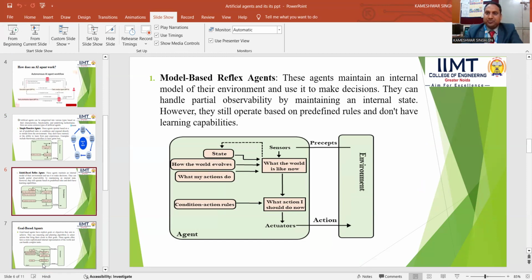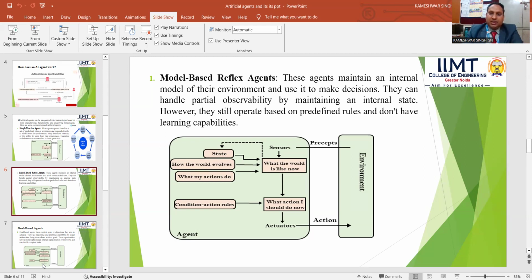Do they want to activate or turn on the AC? Is it required or not required? So this is what model-based reflex agents perform. They take certain types of conditions.